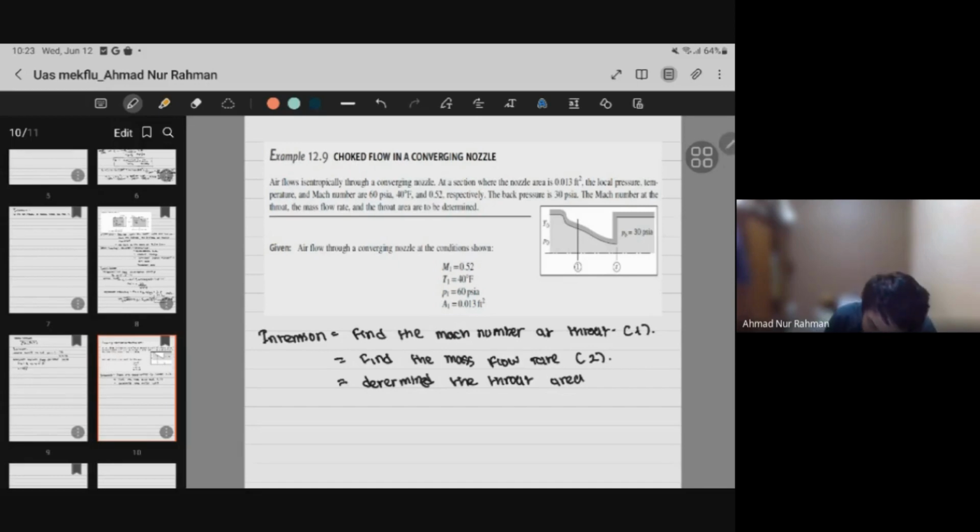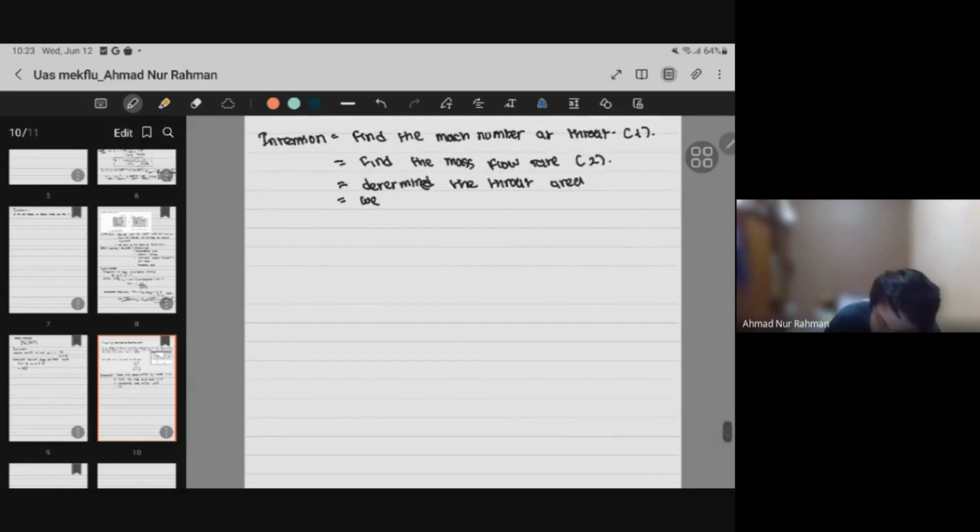So, we don't forget that we solve the problem in the name of Allah. Now we move to initial thinking.